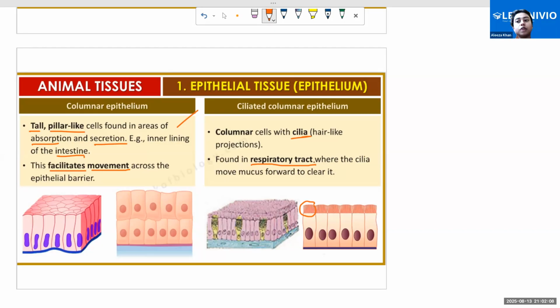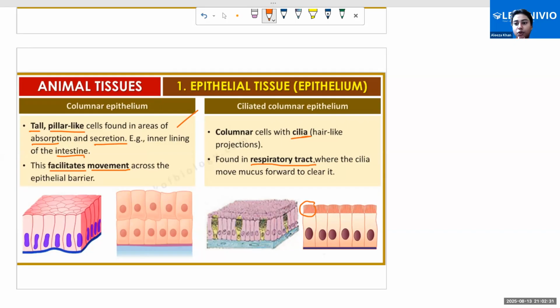Why does the nose have hair? Nostrils are having the hair. Why? To prevent the entry of the unwanted particles into your nose. Yes, to make the airway clear, the hairs are there.